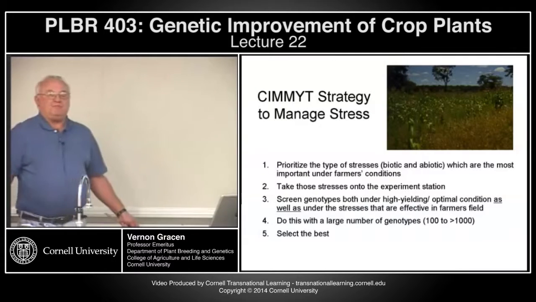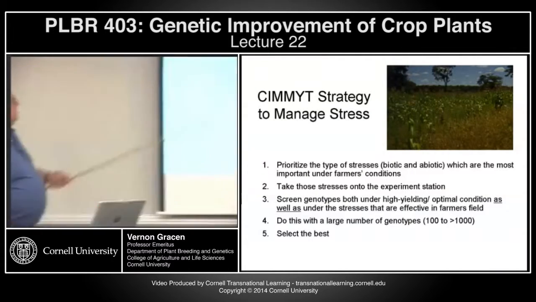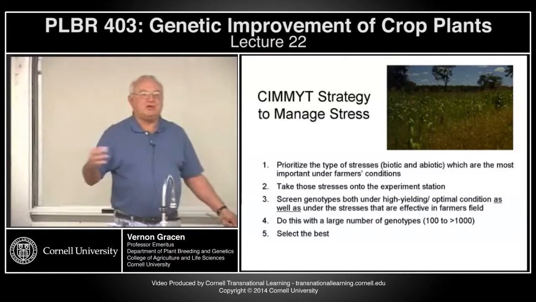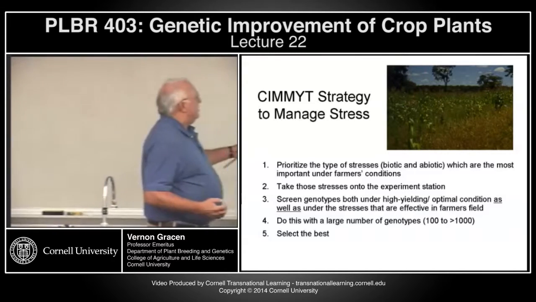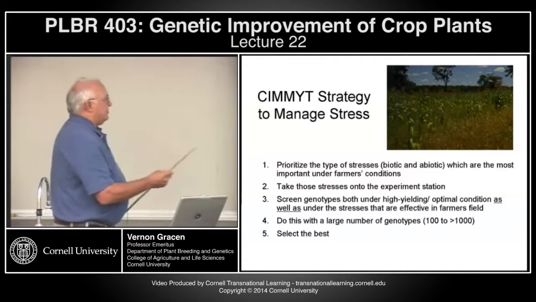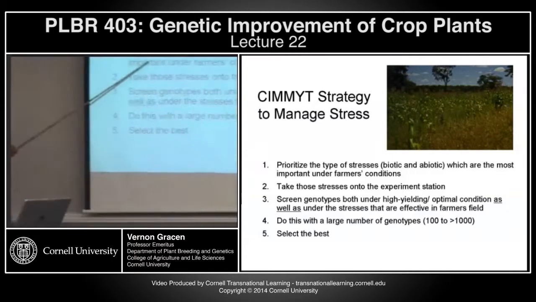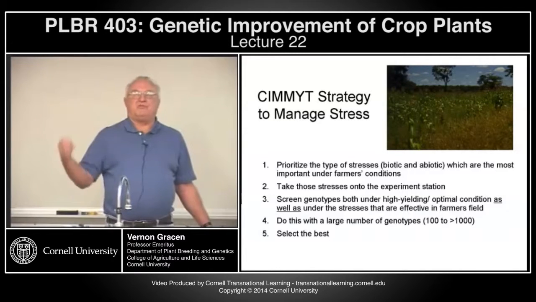So CIMMYT has come up with an alternate strategy. Their alternate strategy is, okay, let's not try to breed for all of these multiple stresses, for all of Africa in this case. Let's prioritize the types of stresses. And we have to consider both biotic and abiotic. So let's identify the stresses that are most important under farmer conditions.